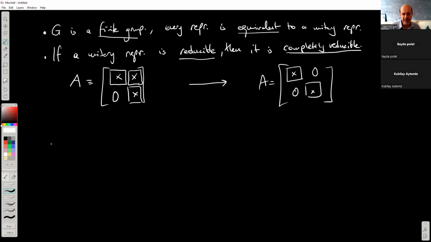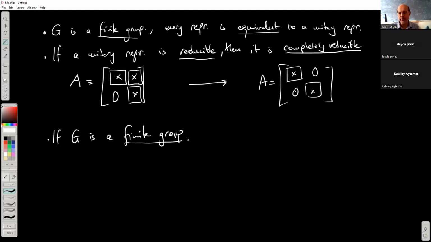So this basically tells you that, right, if G is a finite group, because of the fact that every representation is equivalent to a unitary representation, that means that the second property holds for every representation. So any representation which is reducible is completely reducible.